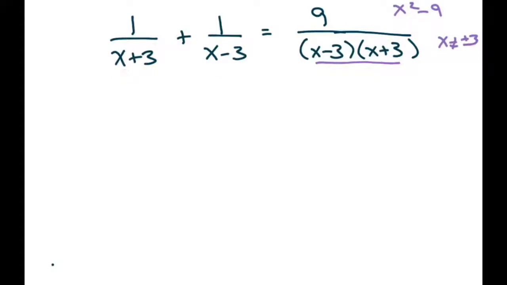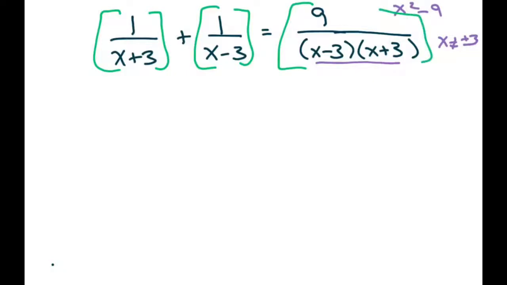So what I'm going to do is clear the fractions by multiplying each piece by my least common denominator, which happens to be this. So I'm going to multiply this by x minus 3 times x plus 3. Do this one, x minus 3 times x plus 3.